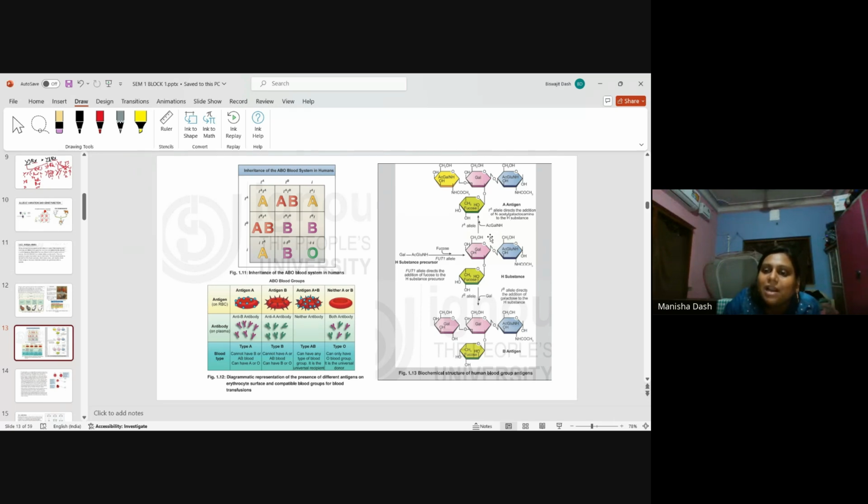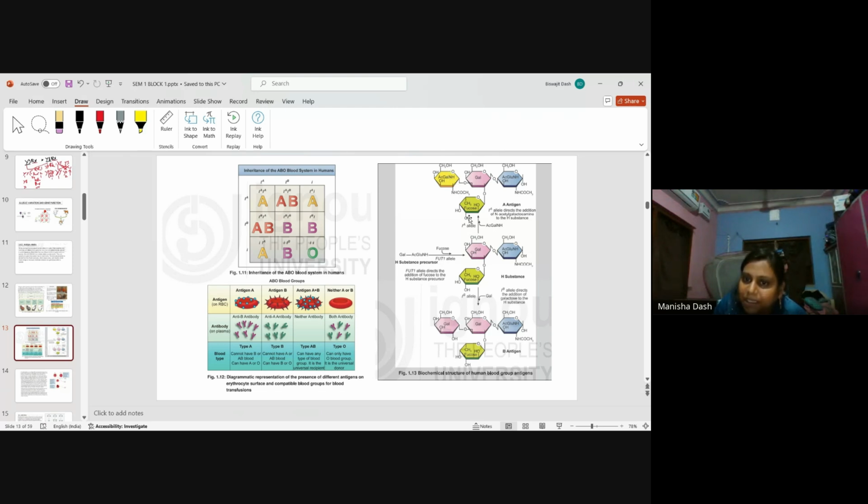If the A antigen has to be there, there is an enzyme that adds a galactosamine-type group, I'm just forgetting the name of the substance. You observe this chemical group, AC gal NH, is added here, here and here.